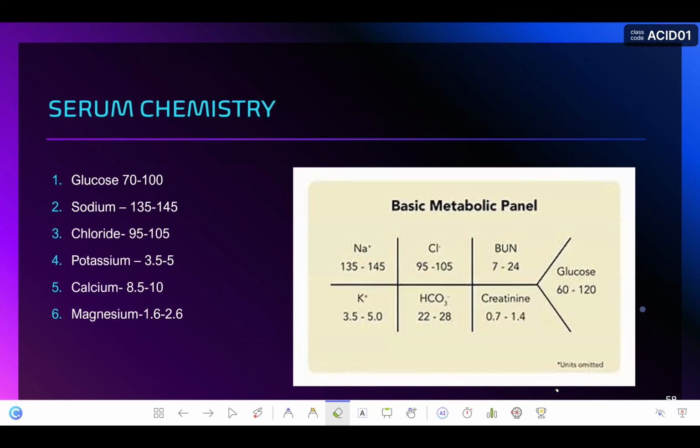Your serum chemistry, you need to know that your glucose is between 70 to 100. Sodium is between 135 and 145. Your chloride is 95 to 105. Potassium 3.5 to 5. Calcium 8.5 to 10. And magnesium 1.6 to 2.6.